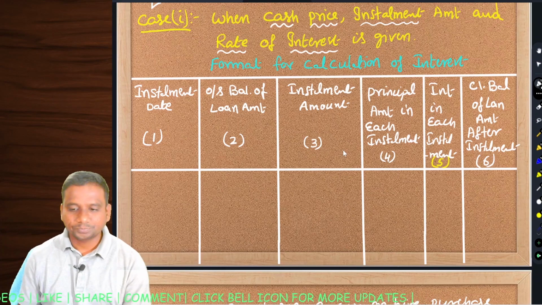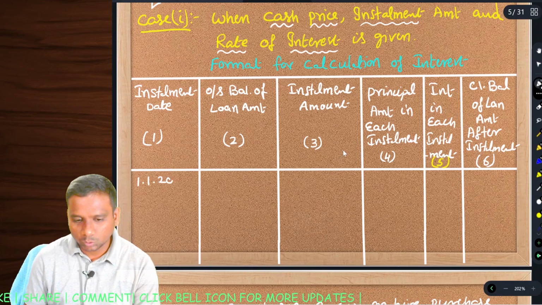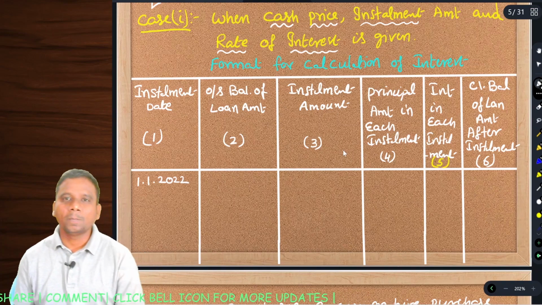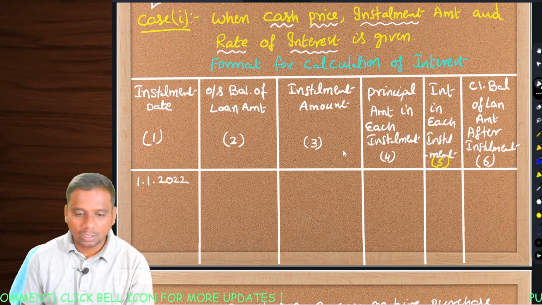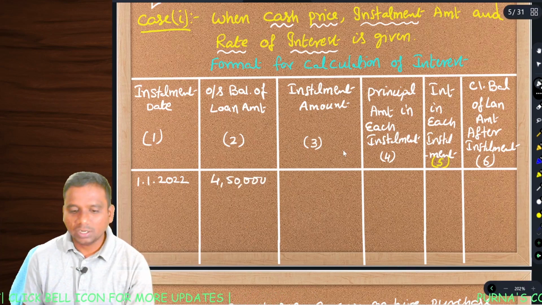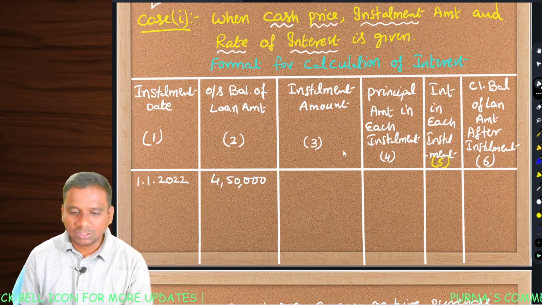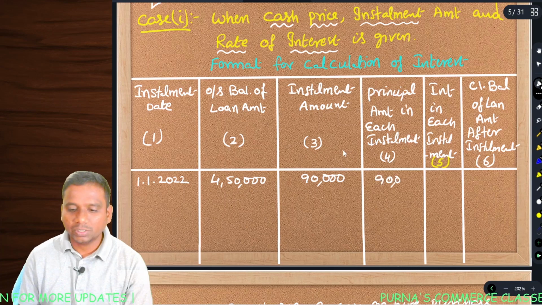Now tell me, the first installment row: 1/1/2022. This is the date on which we purchased the asset. On that date, what is the total amount payable? 4,50,000. How much are you paying? Down payment 90,000. Down payment is only towards principal.